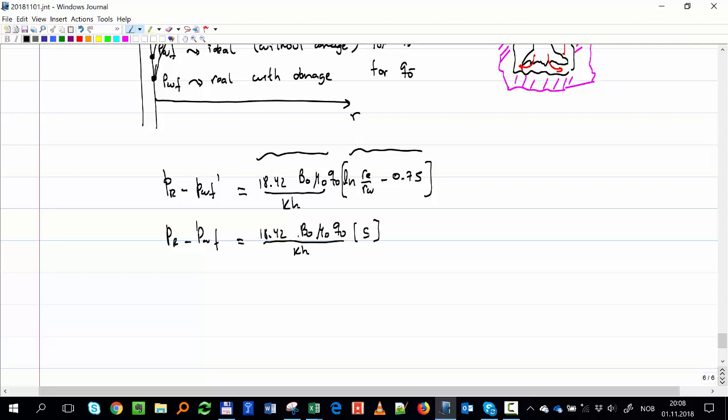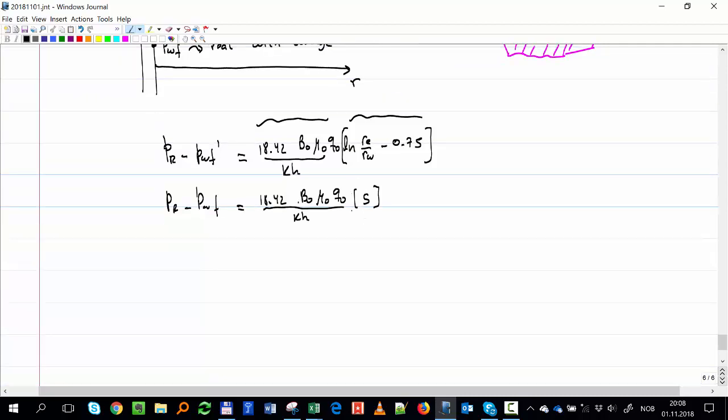And now I'm going to put the real pressure drop with an S. Then I'm going to add up both equations, and I'm going to end up with this equation, PR minus PWF. It's just a trick. I know that there is a pressure loss due to skin. Sorry, here it shouldn't be PR, it should be the skin, the pressure drop due to skin.